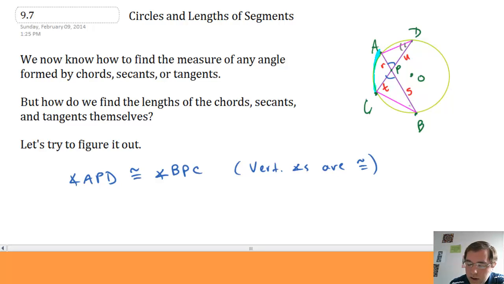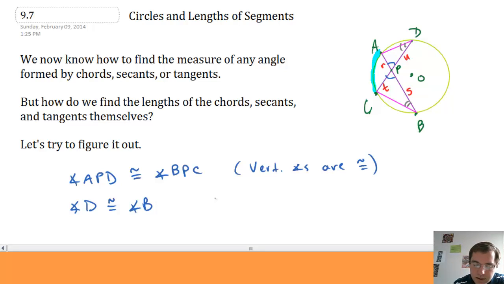But angle ABC is also an inscribed angle, whose measure is also half the measure of arc AC. Well, that's nice, because if that's true, then I've got two angles that are congruent. Angle D is congruent to angle B.